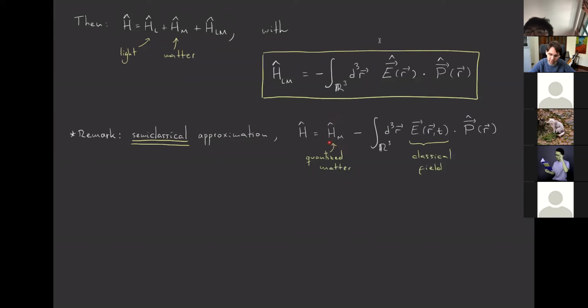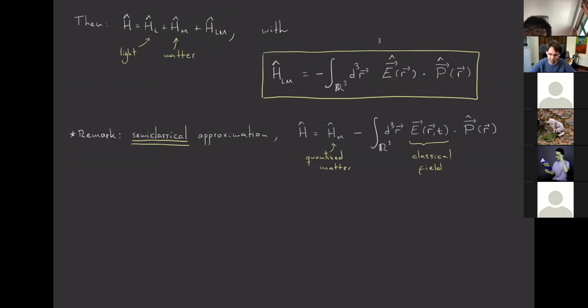And therefore matter interacts through the dipole moment per unit volume with an electric field that is just a classical field that you can find from the Maxwell equations, which you can solve with coupling to matter or without.